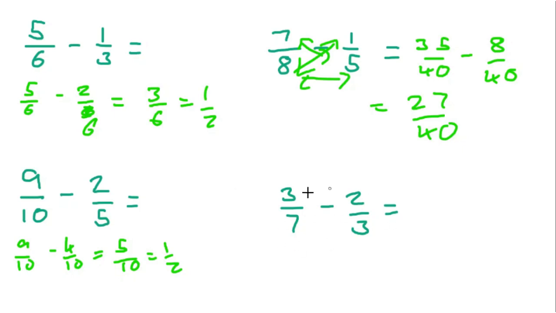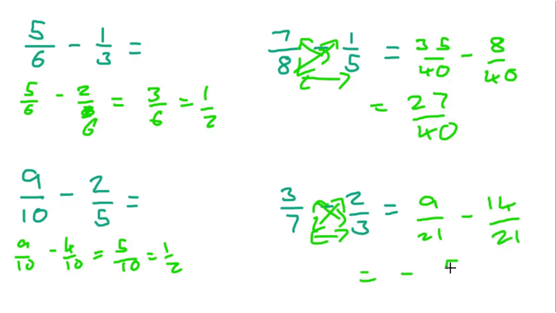And then finally, for this type of example, we're going to again do some cross multiplication to give us 9 over 21 minus 14 over 21, so that gives us negative 5 over 21.